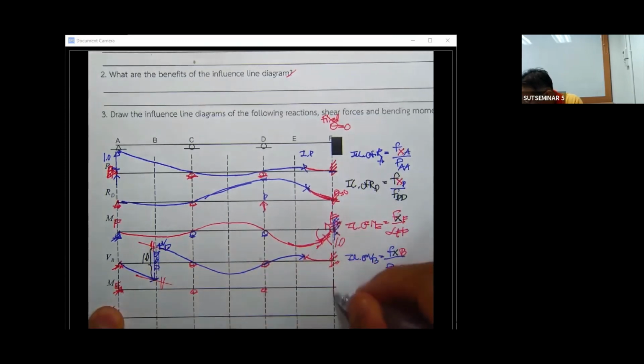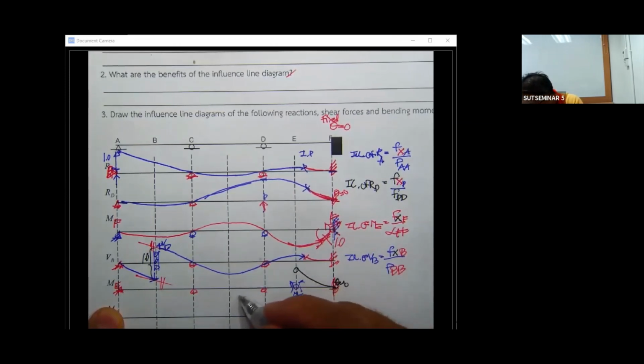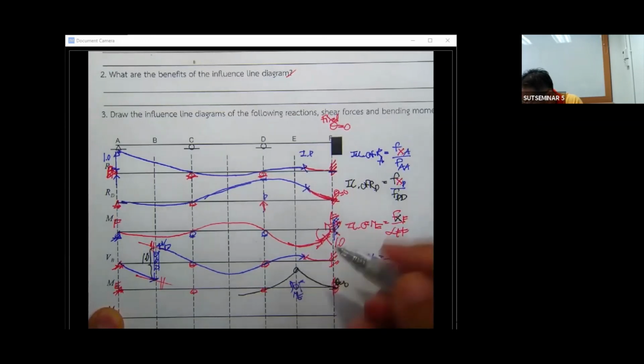And then change this one to the pin and apply the moment M sub E. This one is going to lift up like this. And then this one is going to change the shape to here, theta equal to 0. The answer is going to be very simple.